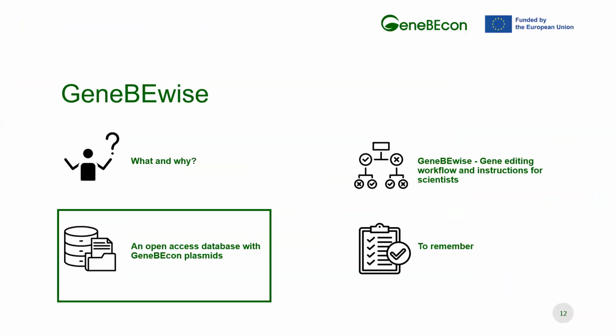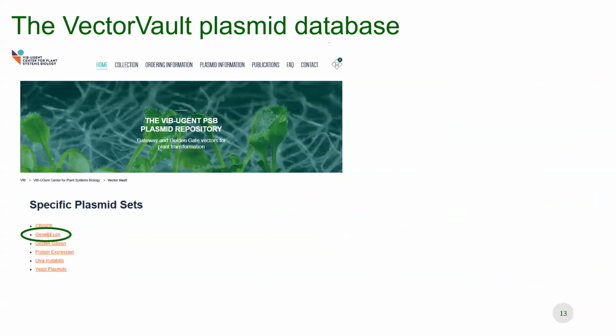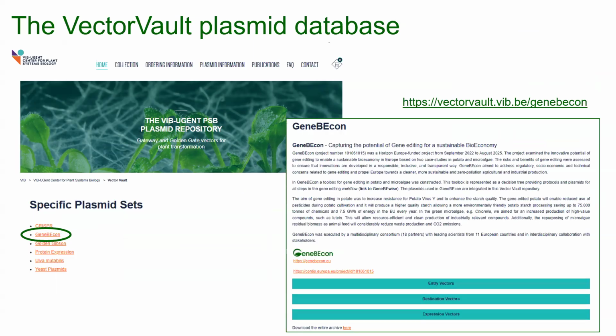And all the plasmids that were used within the GeneBEcon project, we have also collected in a plasmid database. It's a public repository of plasmids called the Vector Vault database. Here you can see the website. By this link, you can reach our Vector Vault plasmid database.